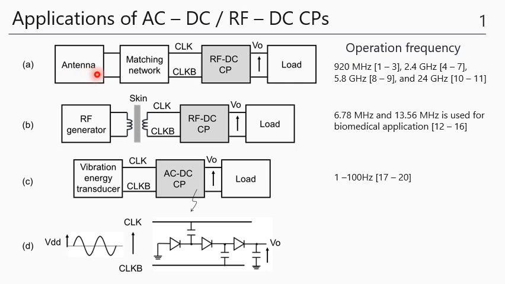Using the antenna, here's the ISM band and the frequency bands, and the antenna receives the electromagnetic microwave through a matching network. The clock and anti-clock are provided to the RF-DC charge pump, which outputs the DC voltage to the load.